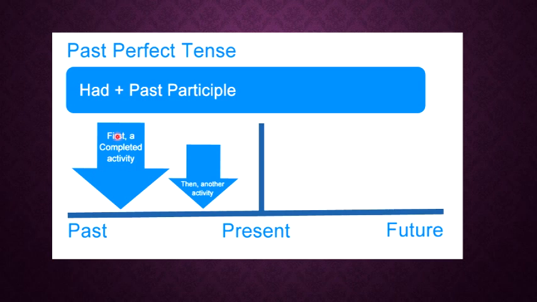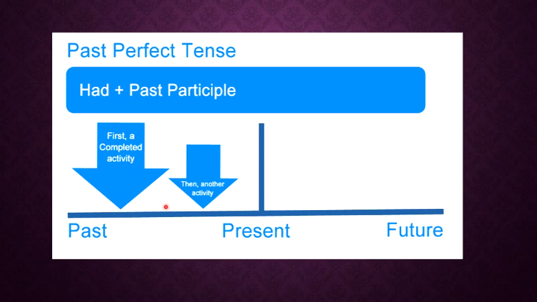So here is a very good flowchart to understand why we use past perfect tense. Dear children, past tense is used first for a completed activity, and when another activity happens, then to understand which activity happens first, that activity will come in your past perfect tense. Alright.